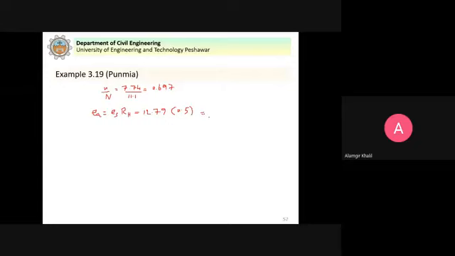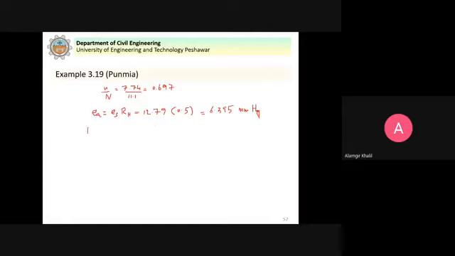So the actual vapor pressure is 6.395 millimeter of mercury, Hg.